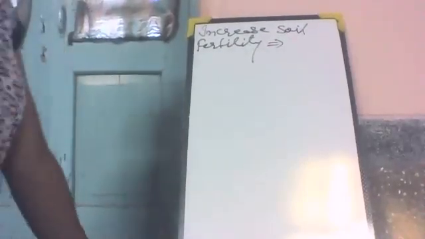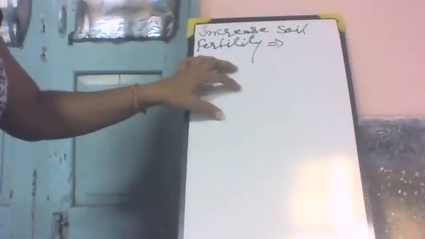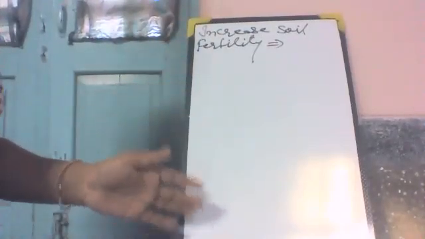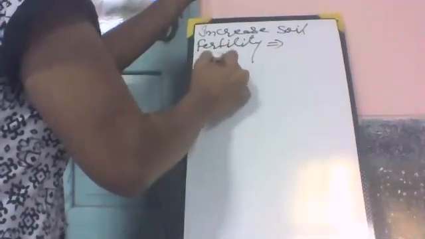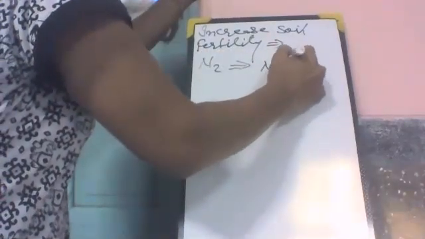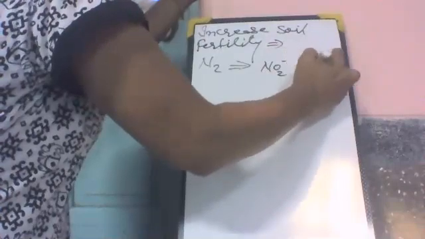As given in nitrogen fixation, they absorb nitrogen present in the atmosphere and change it into nitrates and nitrites. Nitrogen is in this form. They change this into NO2 and NO3.